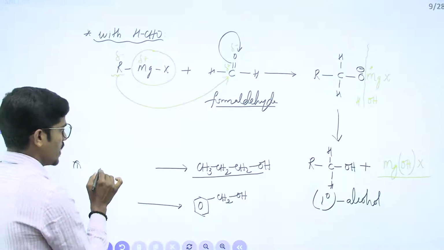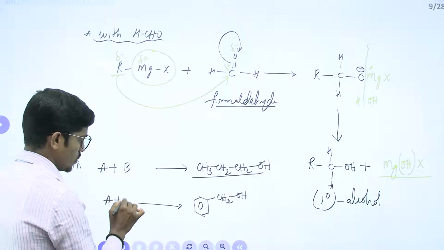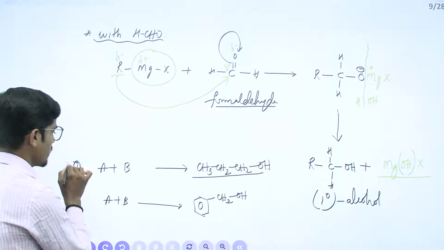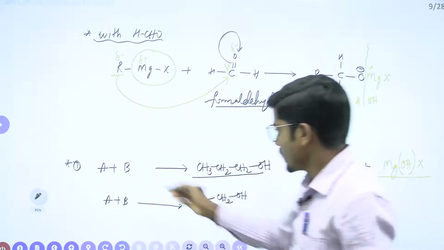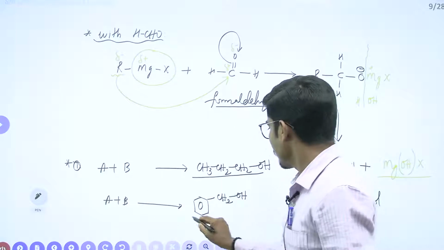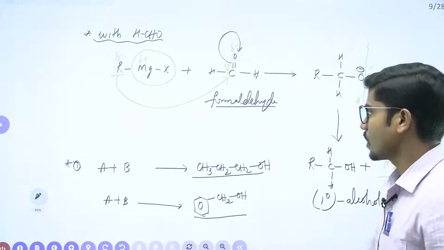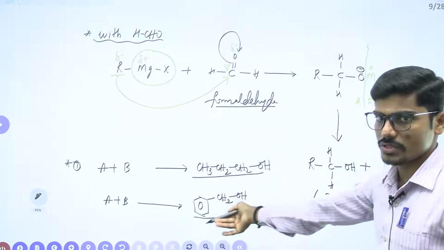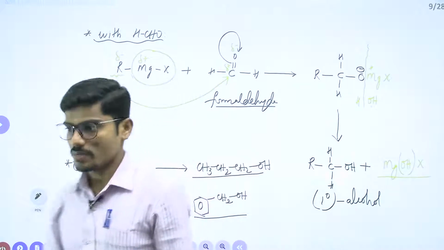So in these two reactions, let us identify A and B. By taking these two, we want to prepare one is propanol and the second one is benzyl alcohol. Indirectly I have given some examples. You need to work out these two examples, right?